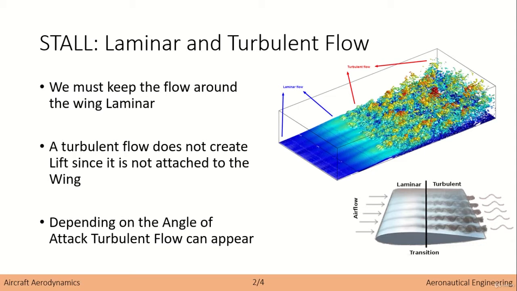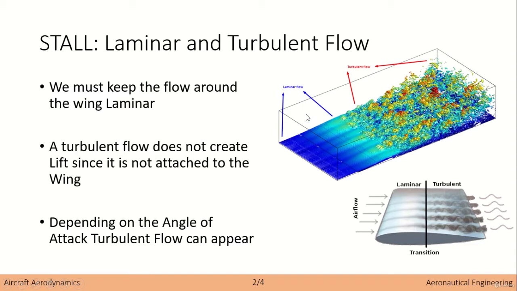And in fact, we will be talking of detachment of the flow when the flow becomes turbulent from laminar, right? So this point over here, where you can actually see the flow changing from laminar to turbulent, is known as detachment of the flow.